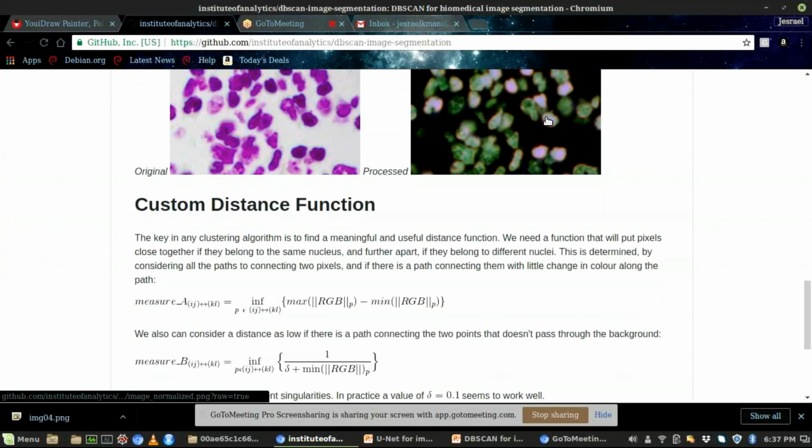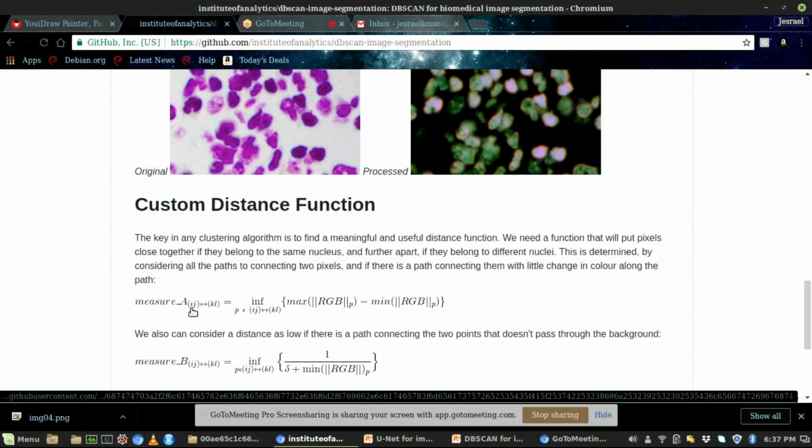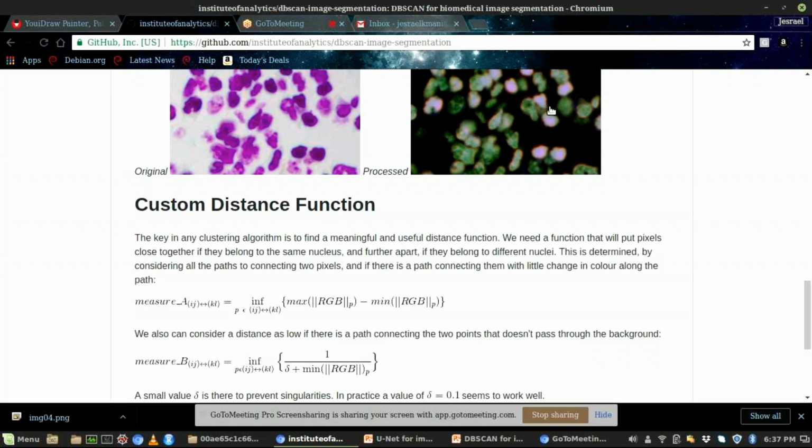The concept of clustering is that you take, say, a pixel ij and a pixel k, and you take a path between the two. On traversing that path, you may have to change the color by a significant amount. For example, here we have a dense white region, and then you have some rarer white region.